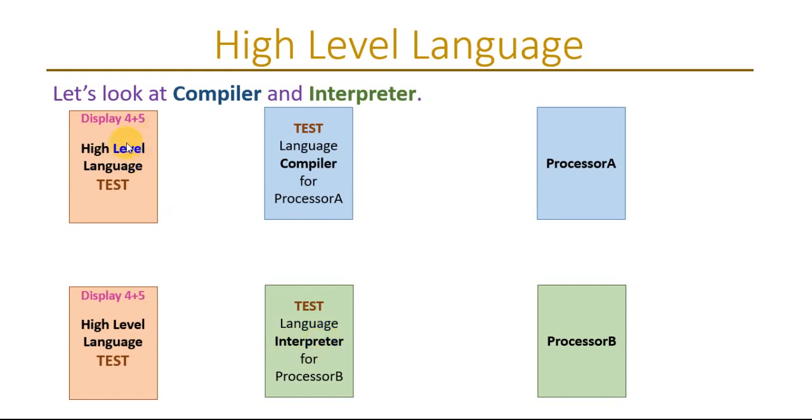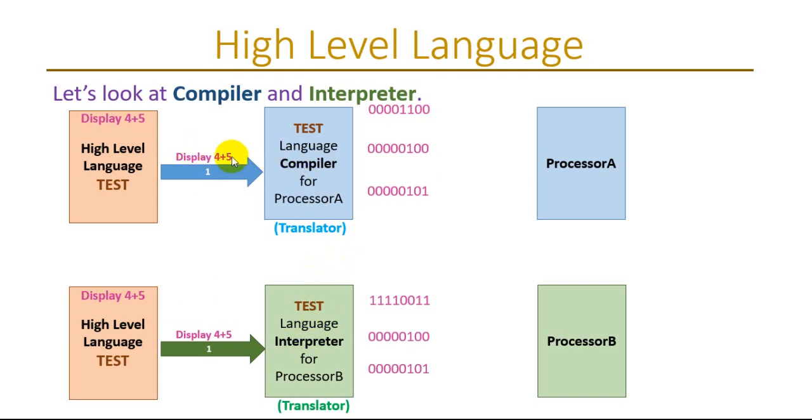So now the high-level language is there, and display 4+5 goes to the compiler in this case. In this case, it goes to the interpreter, okay? This translator is called compiler, this translator is called interpreter, but they will do the same job. So let's see.